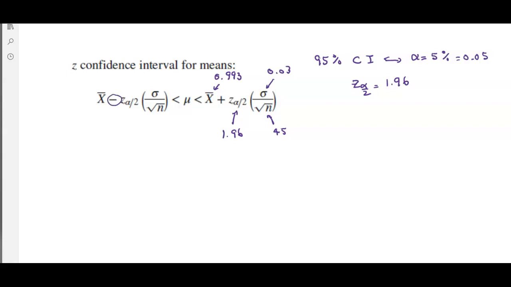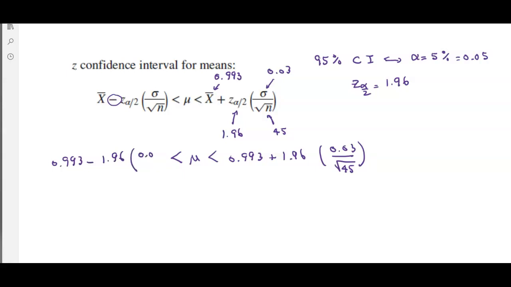All right, so we are looking for this bounding of the mean. This is going to be 0.993 plus 1.96 times 0.03 divided by radical 45, and from the other side it's going to be 0.993 minus 1.96 times 0.03 divided by radical 45.